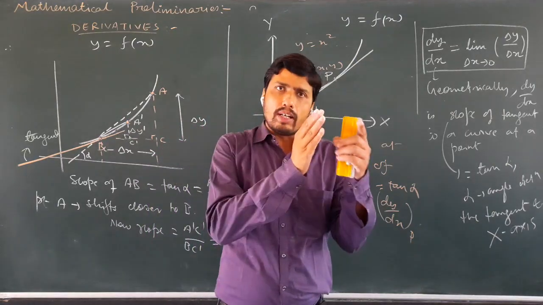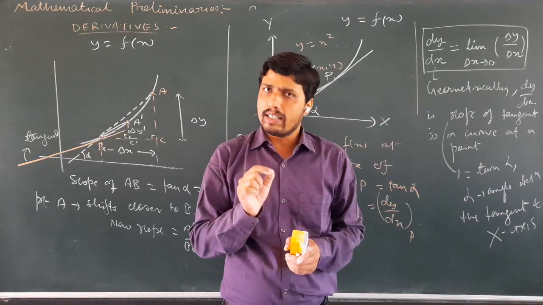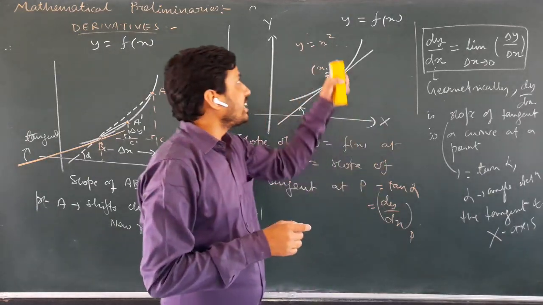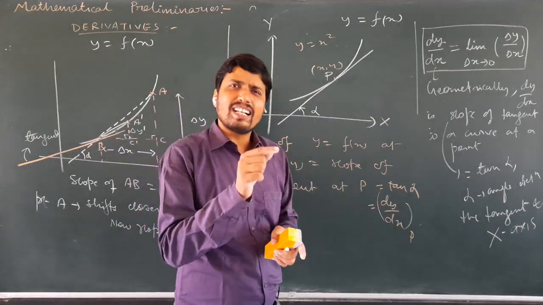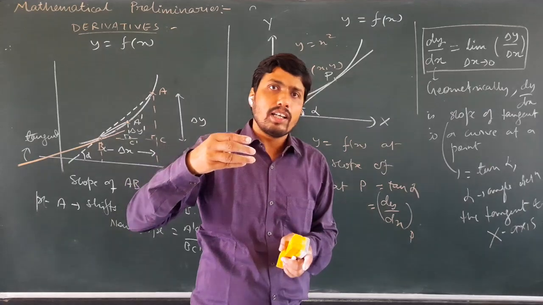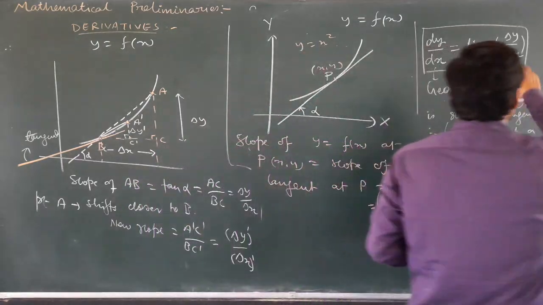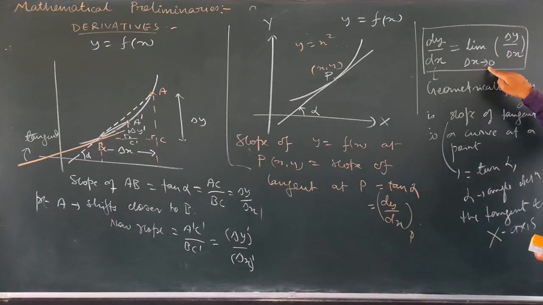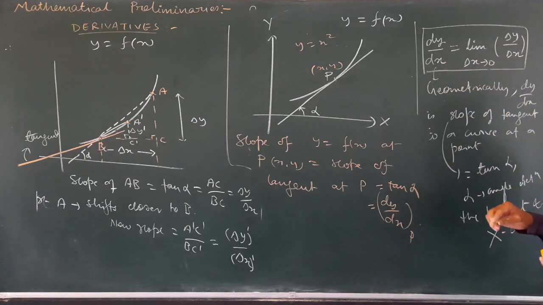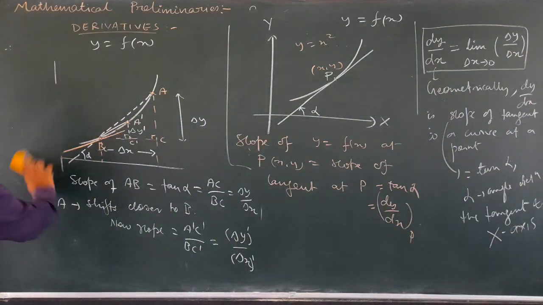The change in y by change in x is called delta y by delta x. Now, if you change x by a very small amount, delta x tends to 0, then that ratio delta y by delta x becomes dy by dx. So limit delta x tends to 0 of delta y by delta x we write as dy by dx, and that is called the derivative of y with respect to x.